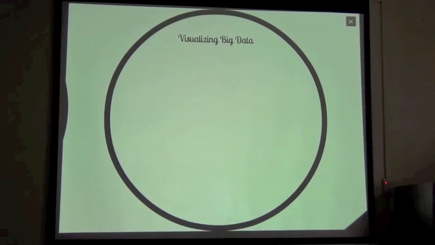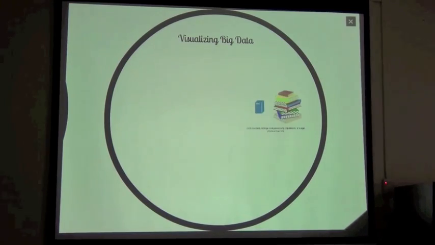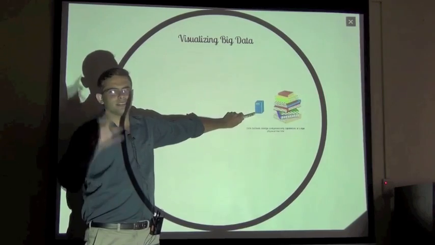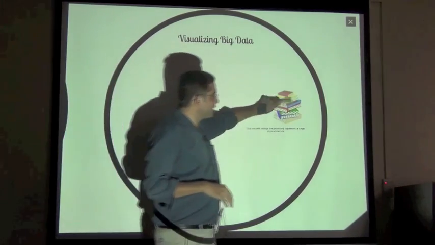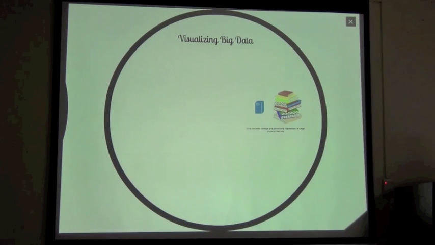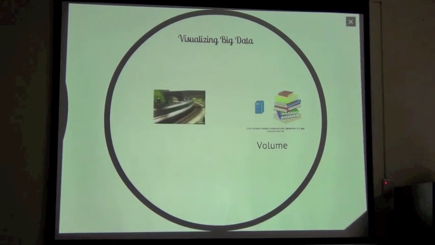In a very, very crude way, if you want to visualize big data, this is a very crude diagram, but just to convey the point. Let's say you have the best money can buy, a single physical box, but the data is more than that machine. One machine is not able to handle it. That's volume. Data comes to you at tremendous speed. So the data that is getting generated every minute is really huge. That's velocity.